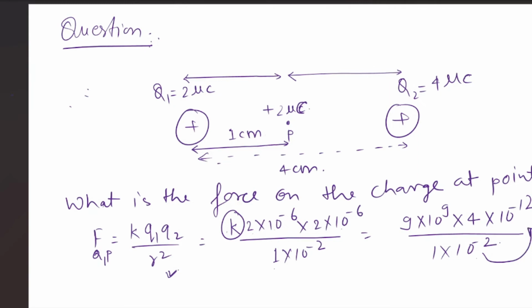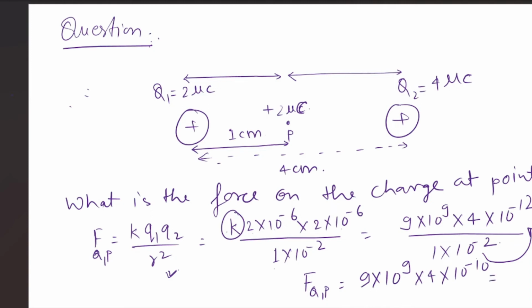So F Q1P is equal to 9 into 10 power 9 into 4 into 10 power minus 10, because the 10 power minus 2, when it goes up, cancels, and the quantity left is 10 power minus 10.